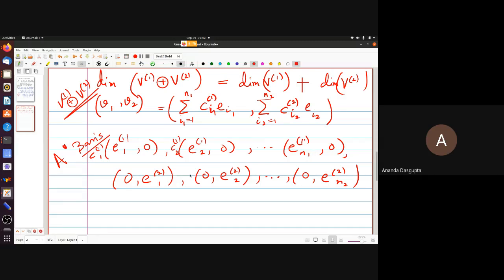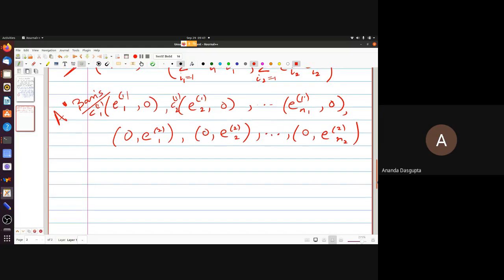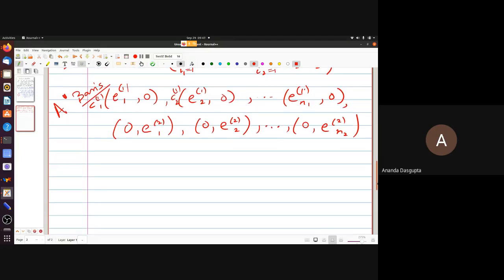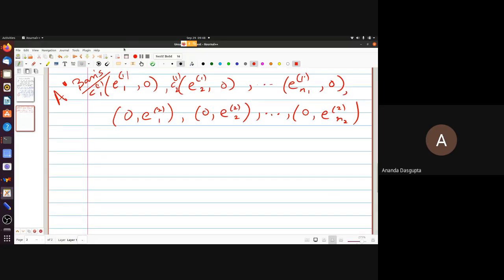But when you want to write down a given element, you can just multiply the first one by C11, second one by C12, and so on, and combine them all together, and you're going to get an arbitrary element. So the basis is N1 plus N2 dimensional, not N1 N2 dimensional. This is a direct sum vector space. When you said N1 N2, I guess you were confusing this with the direct product vector space, which is a different ball game altogether. Okay, I hope this is clear.